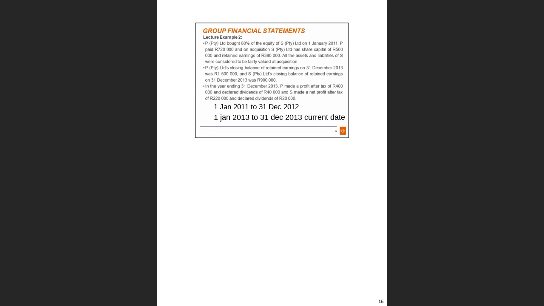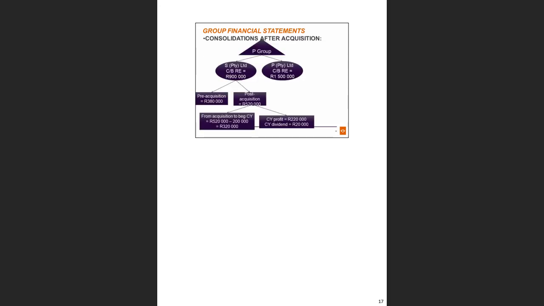This gives us 320,000 Rand, being the post-acquisition profits from acquisition date to the beginning of the current year. So this is what we've just calculated.